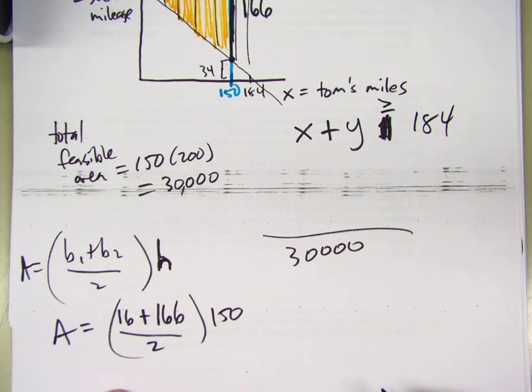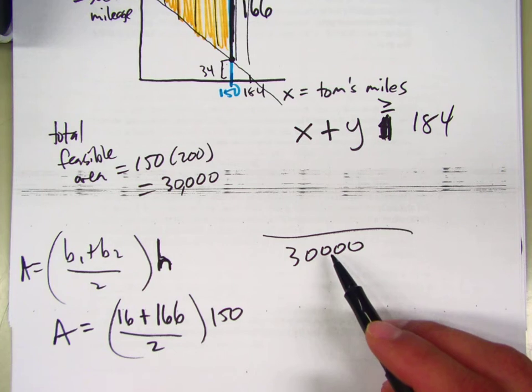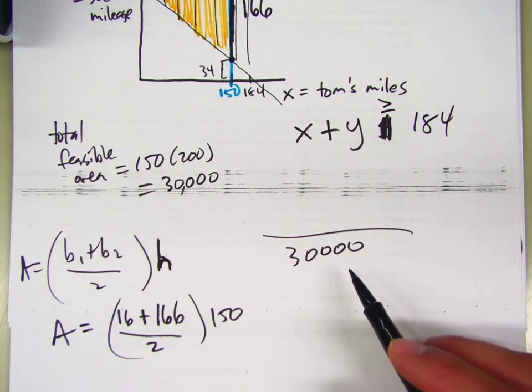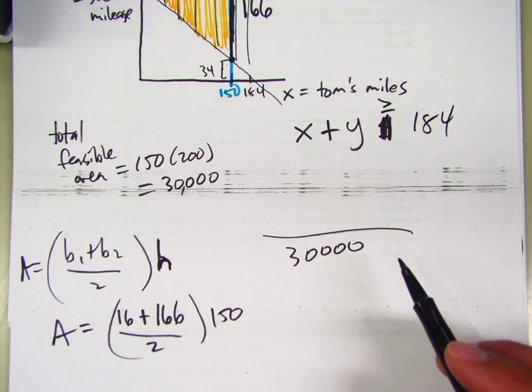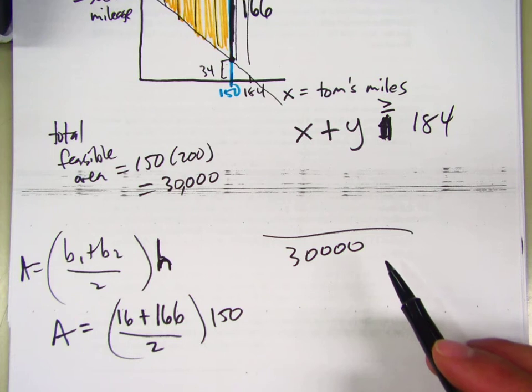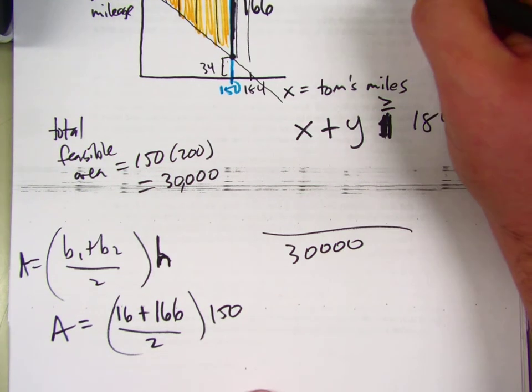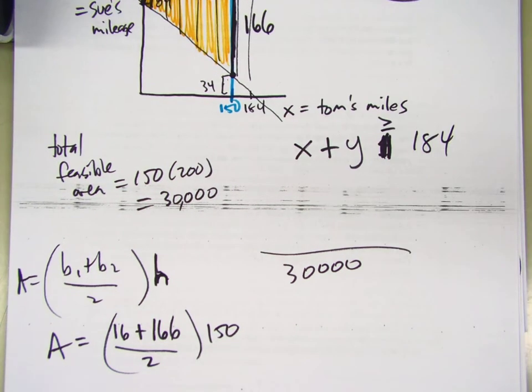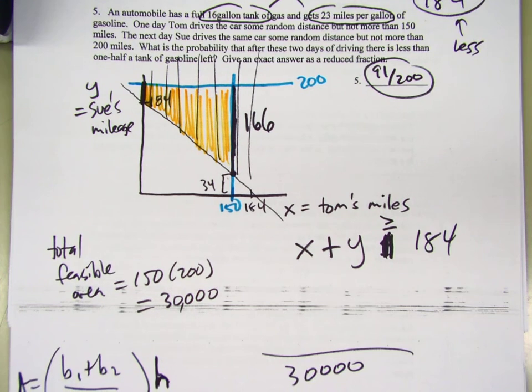I don't know what that is, but you're going to take that and divide it by 30,000 and then reduce your fraction. That sounds right. 91 out of 200.